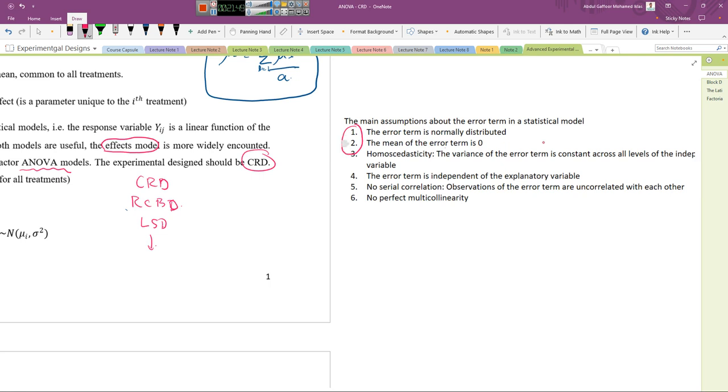The mean of the error term is 0, because if you add all the error terms, ultimately you should get 0, and 0 divided by the number of error terms is again 0. And homoscedasticity: the variance of the error term is constant across all levels of the independent variable. For example, as I already told you, sigma squared is a constant value due to this homoscedasticity property.